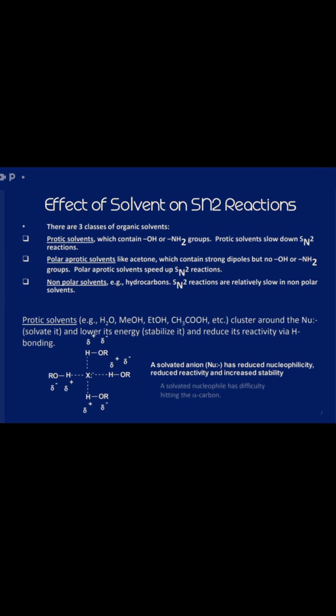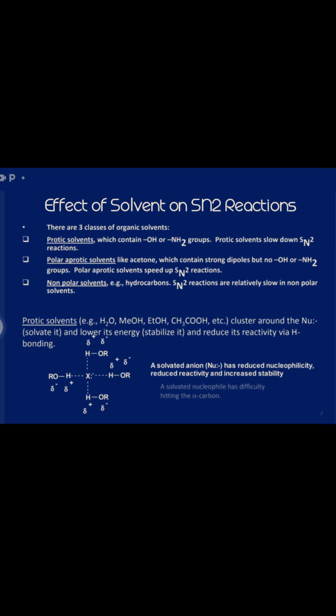The first point is that it contains OH ions and NH2 groups. A solvent that contains OH and NH2 groups is called a protic solvent, and the protic solvent slows down SN2 reactions.